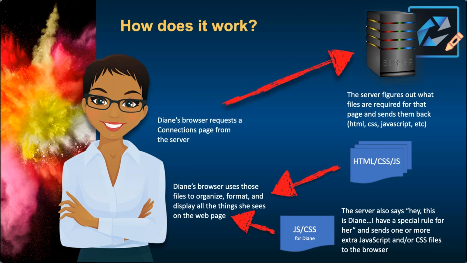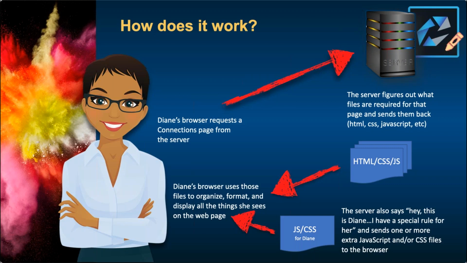We have a special rule for this user, because she might be a member of a list of people who should see certain features or should not see certain features. And then we can inject additional JavaScript or CSS styles into the response that the server sends back to Diane's browser. And therefore, she has now the updated experience for her, right?